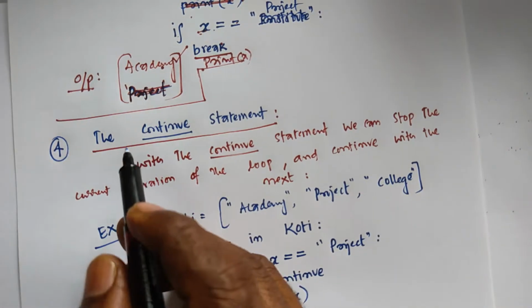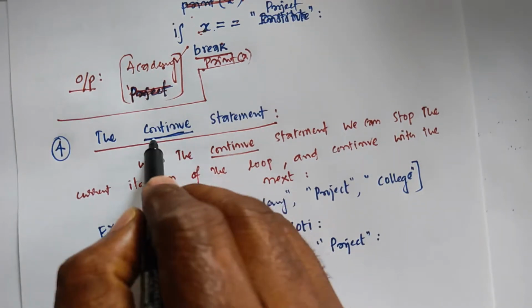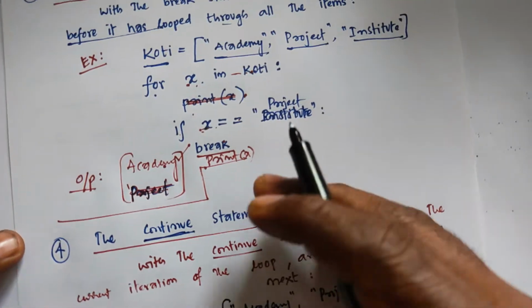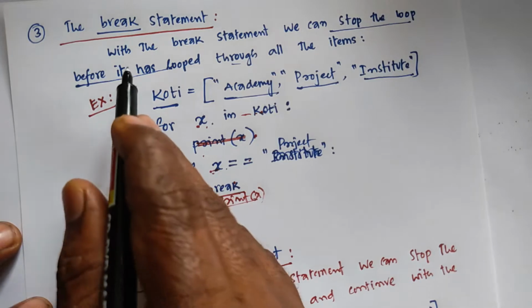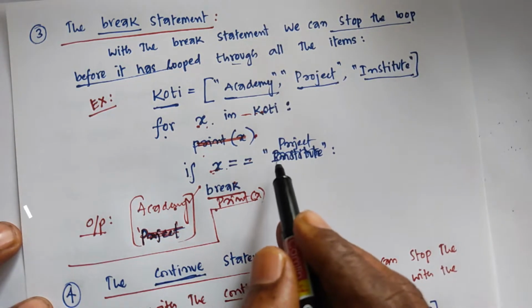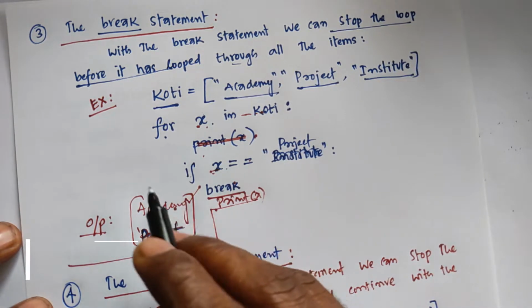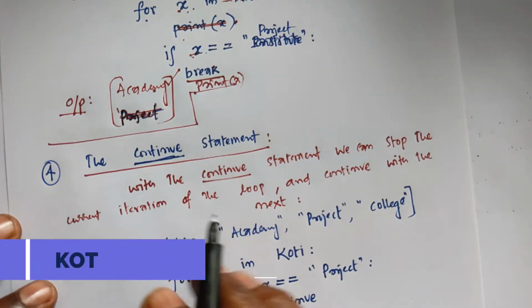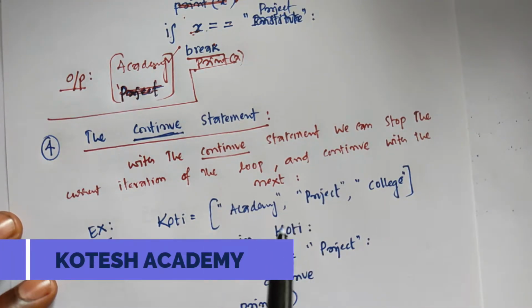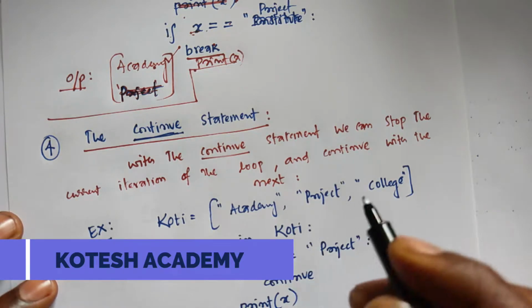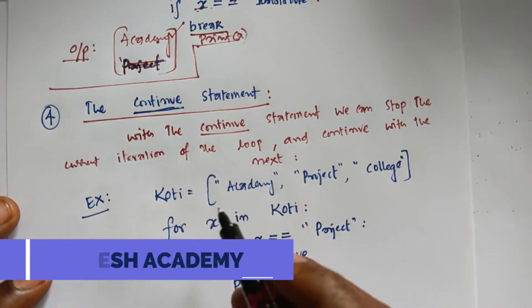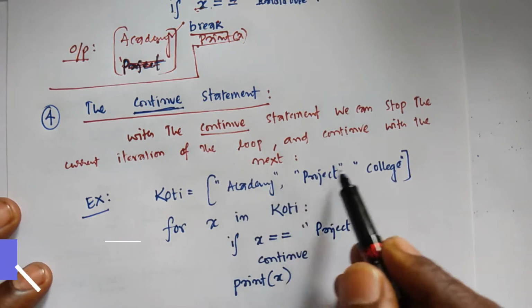Next one is the continue statement. We already discussed this type of instruction. Whenever you use break, you keep going until the particular condition is satisfied. But continue means you skip that particular item when the condition is satisfied. For example, we have three items: academy, project, college.